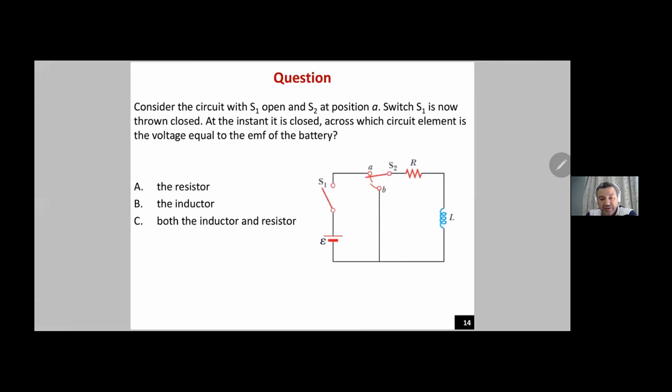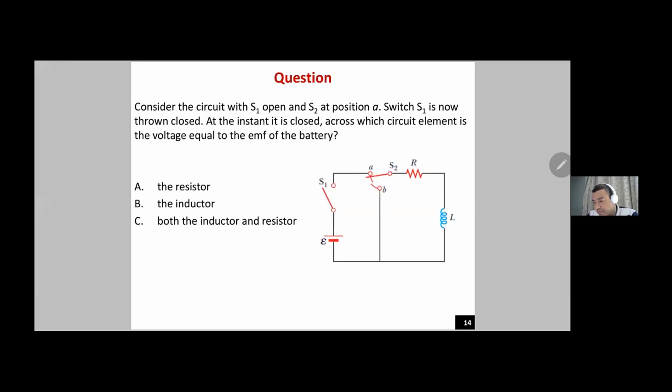Okay, so let's look at this question and see how we can treat the inductor when it comes to calculating the voltages or the currents.